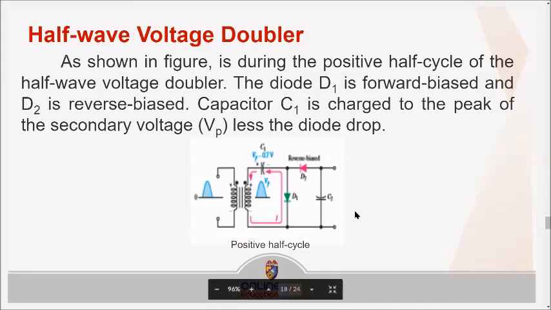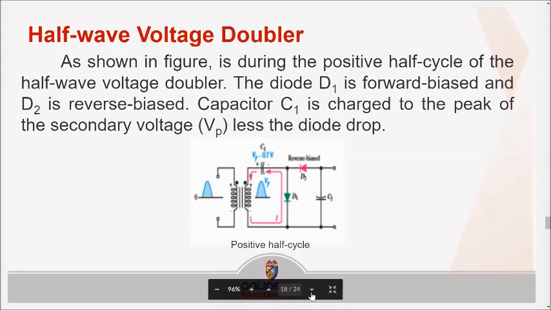Then the diode D1 is forward bias yung connection. Then dito naman is naka-reverse bias. Then capacitor 1 is charged to the peak of the secondary voltage VP less the diode drop. Okay? You just follow this schematic diagram in order to have a half wave voltage doubler.